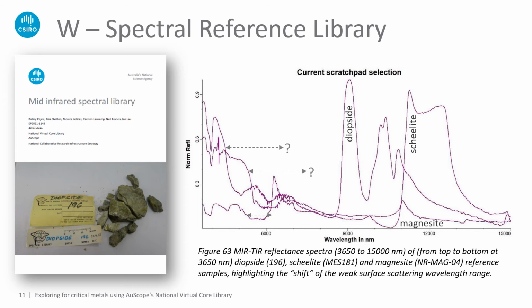The next example is not really from a drill core data set, but we were starting to look into tungsten deposits, such as the King Island deposit in Tasmania. We collected a number of reference spectra because there is not much published literature about tungsten minerals and their reflectance spectra in the visible near, shortwave, mid and thermal infrared wavelength ranges.